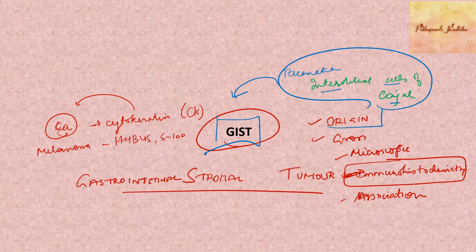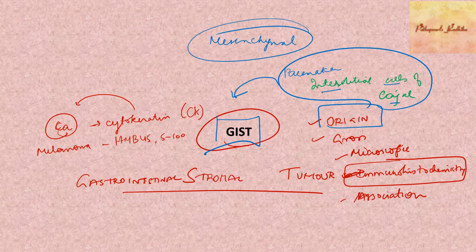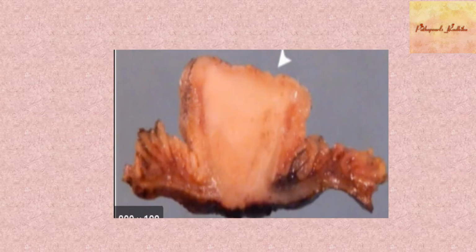That's about the origin, and it's a mesenchymal tumor. It's not an epithelial tumor, it's a mesenchymal tumor. Gastrointestinal stromal tumor is a mesenchymal tumor which originates from the pacemaker cells, called the interstitial cells of Kajal.